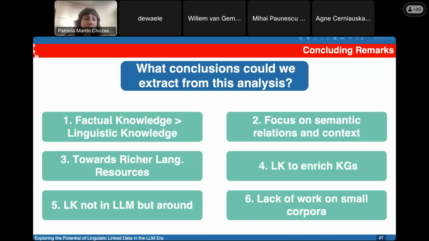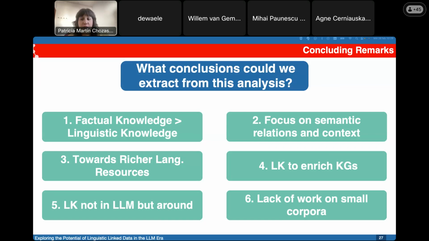So that was not the general use case, right? And why is that? I think this is because LLMs make great use of semantic relations and contextual knowledge, and I think that traditionally, linguistic resources don't have this information.